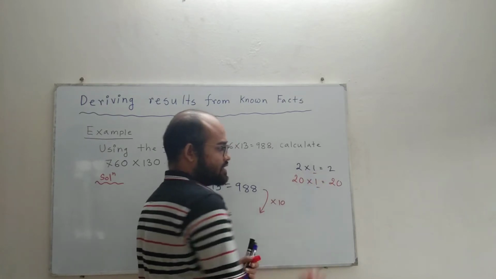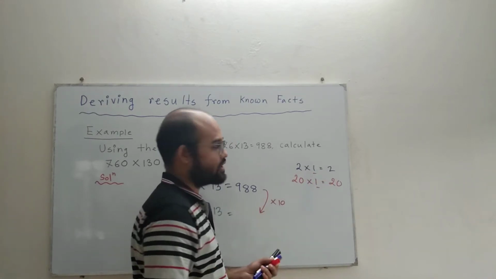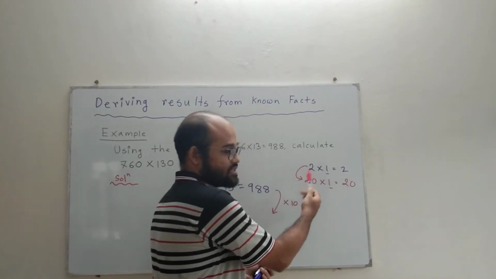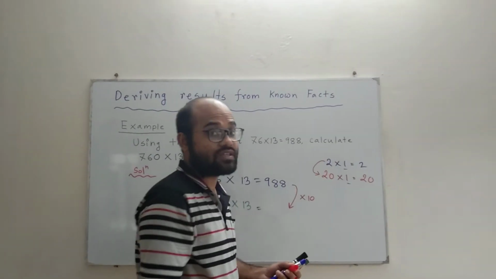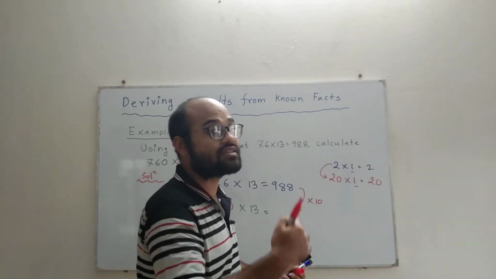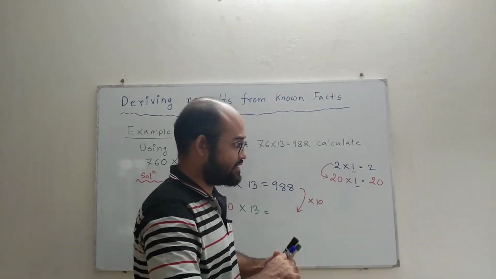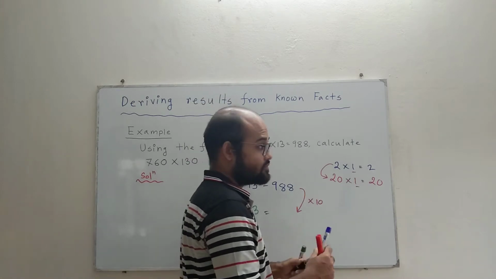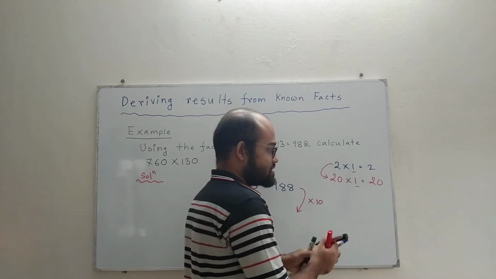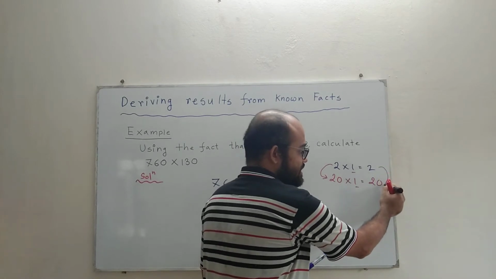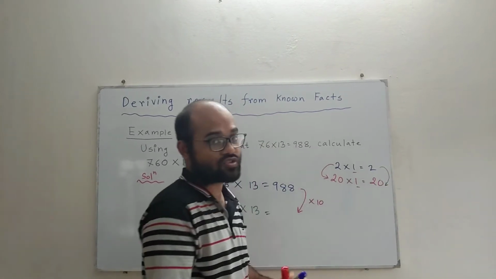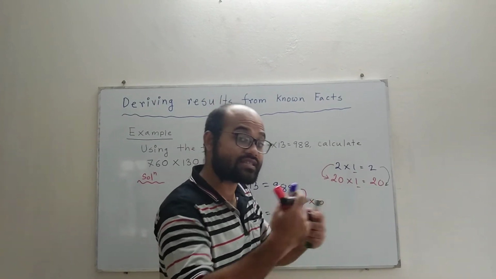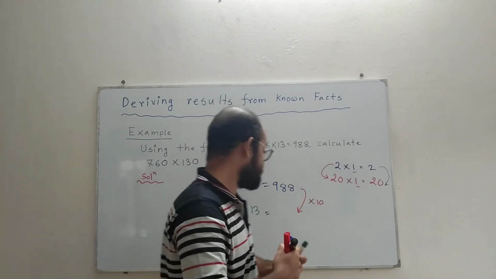Here the multiplier remains the same, that is, it remains 1. Here my multiplicand has changed from 2 to 20, which means that the multiplicand has increased 10 times. And as a result of this tenfold increase in multiplicand, our product has also increased by the same factor, in the same proportion. That is, our product has increased from 2 to 20. Our product has increased 10 times, or tenfold.